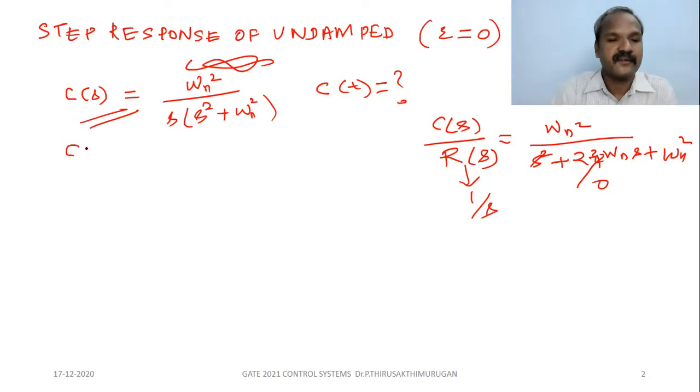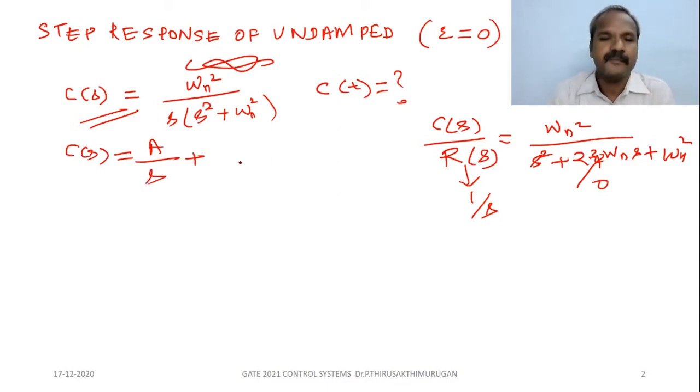We can write C of S equal to A by S plus Bs plus C, because the denominator is a quadratic, so Bs plus C divided by S square plus omega n square.